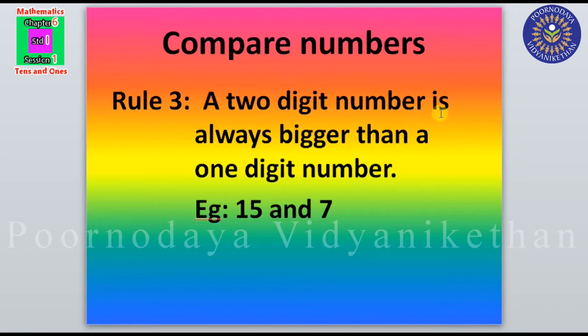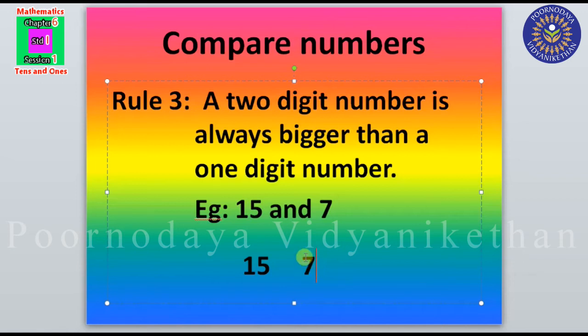A 2-digit number is always bigger than a 1-digit number. Look at the screen. The example given is 15 and 7. See, 15 is a 2-digit number, isn't it? And 7 is a 1-digit number, isn't it?